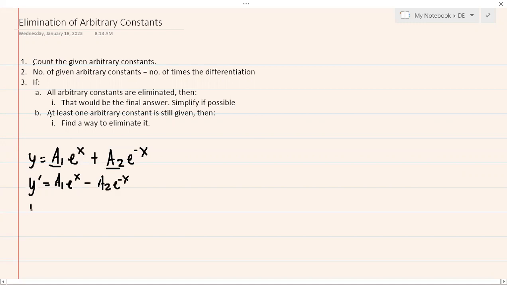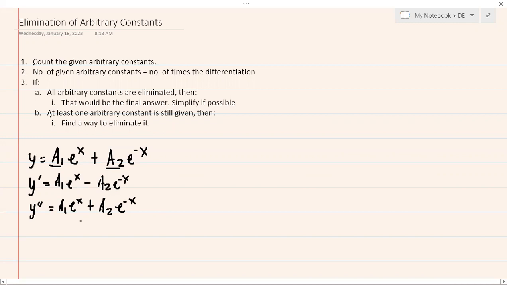Tapos, sa second derivative natin, we have a sub 1 e raised to x plus a sub 2 e raised to negative x. Okay, ayan na. Now, here's the thing.